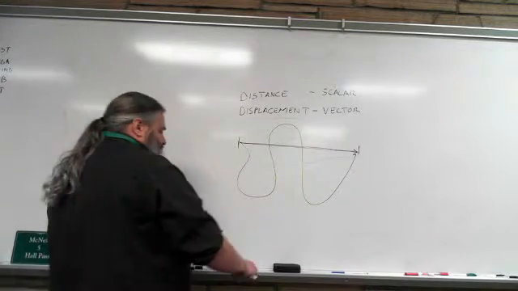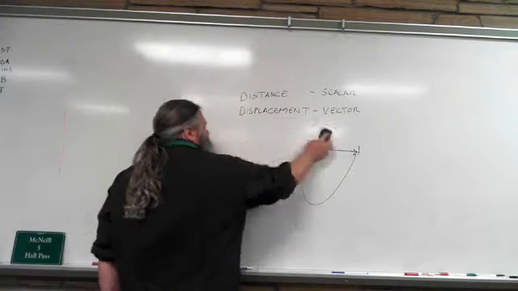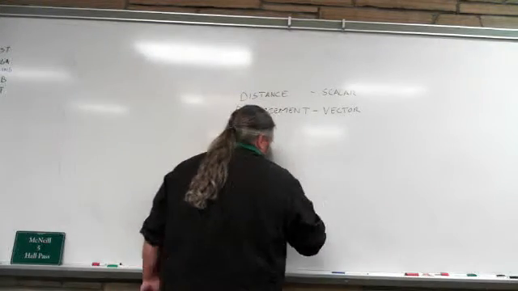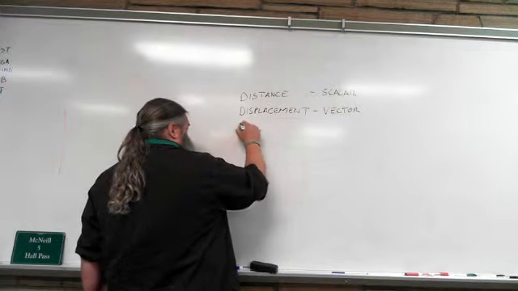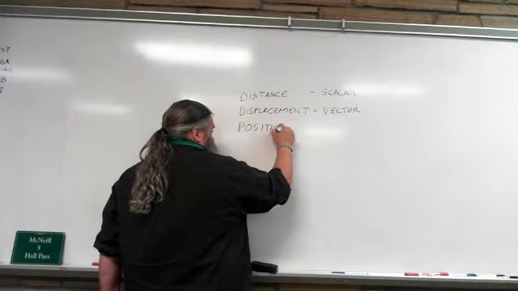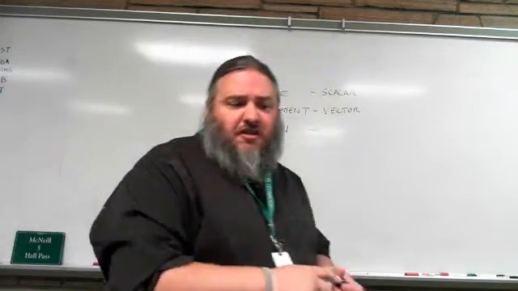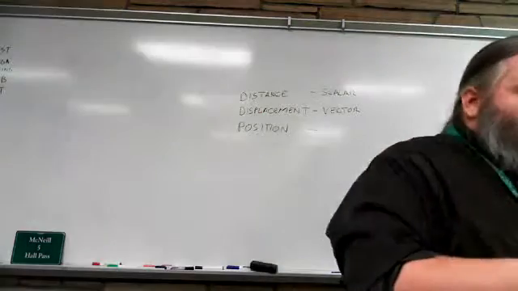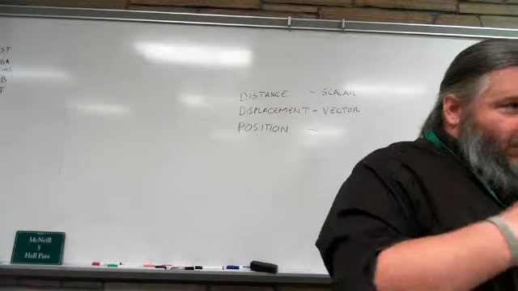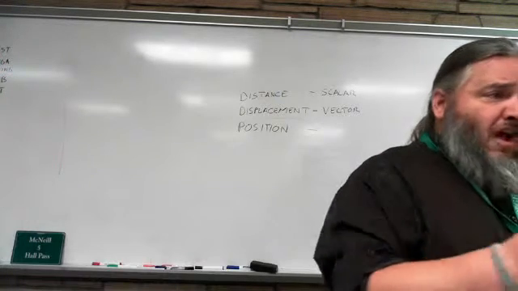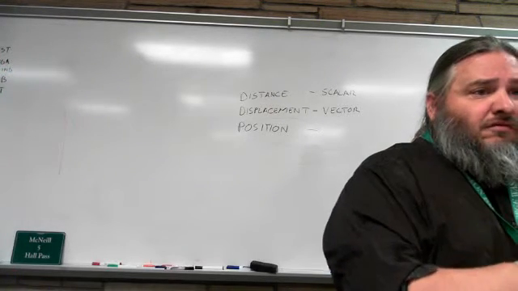The last one of these terms is the key one. Position. What is position typically? I know you guys have probably used this in your math class. What do we refer to as an object's position?